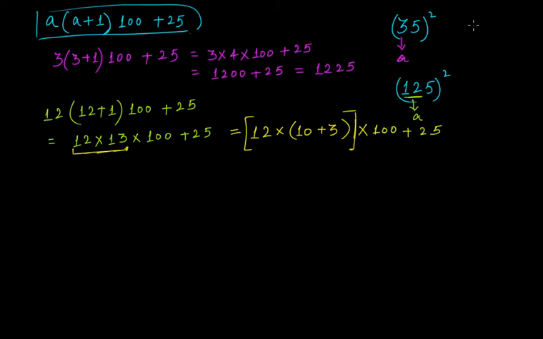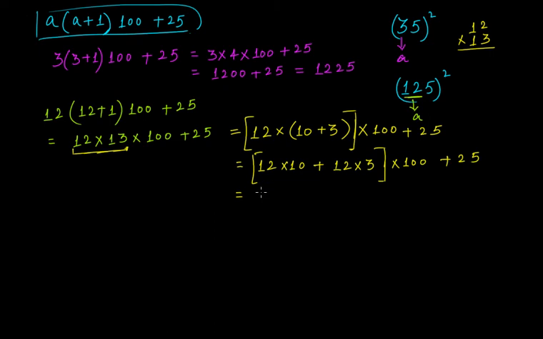One way is to simply calculate 12 multiplied by 13, but this is a much shorter, quicker way. So this becomes (12 times 10 plus 12 times 3) times 100 plus 25.